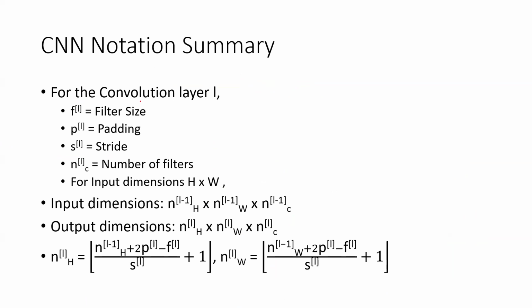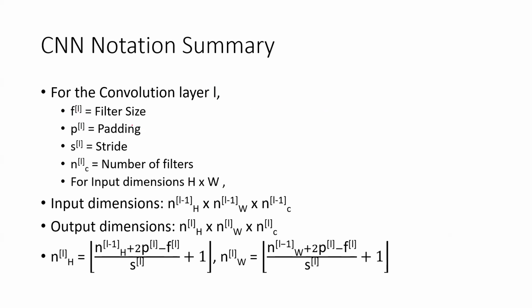We said that in the convolutional neural network, there are not only convolutional layers, but there are other layers like max pooling layers and fully connected layers as well. In this case, what we are discussing is a convolutional layer. Suppose our convolutional layer is denoted by L. So L is used for indicating the layer number.